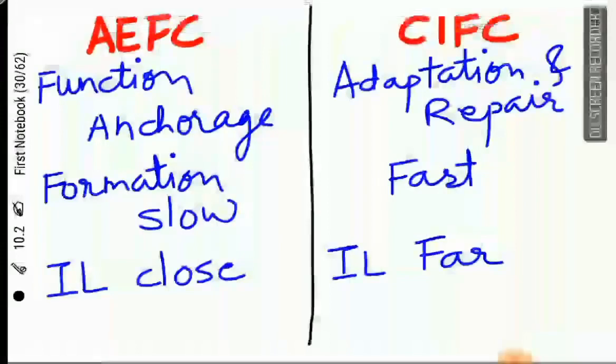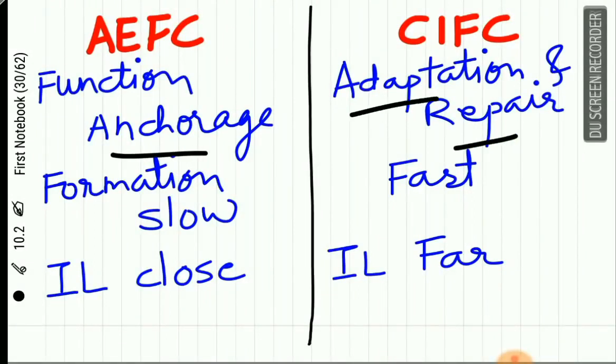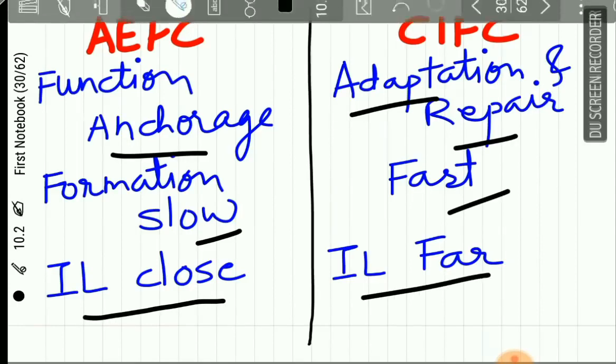The next point of comparison is the function. The AEFC has a function of anchorage, while the CIFC has the function of adaptation and repair. Now, the rate of formation is very slow in AEFC and fast in CIFC. So we have seen that the incremental lines are very close to each other in AEFC while they are far apart in CIFC.